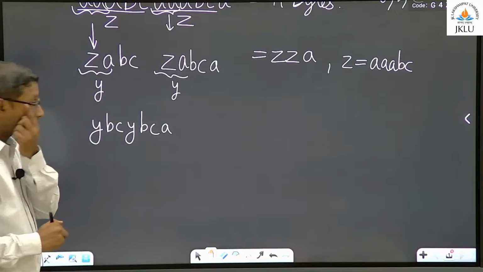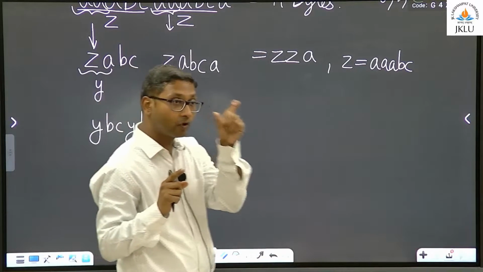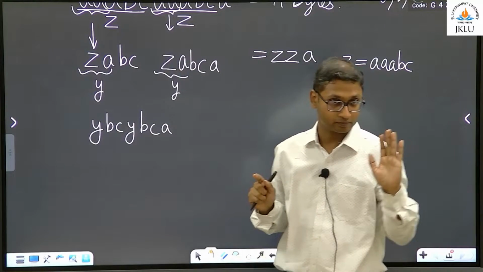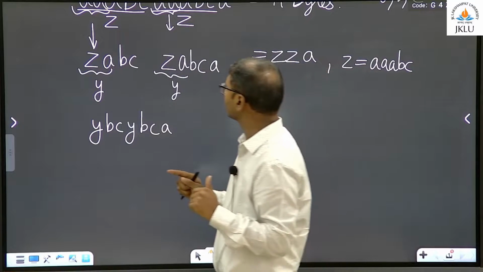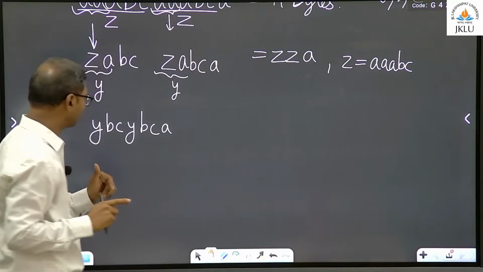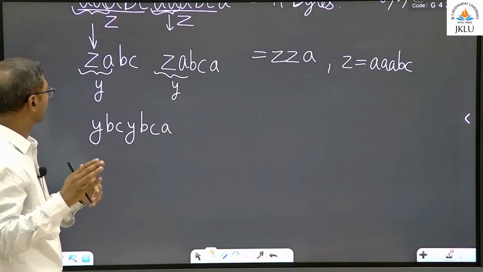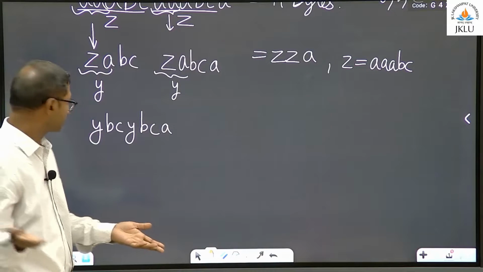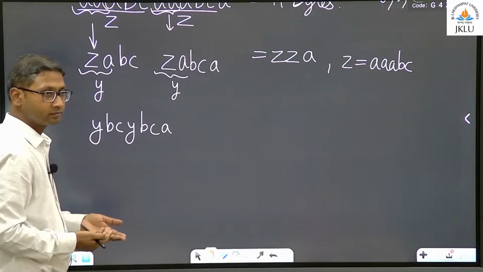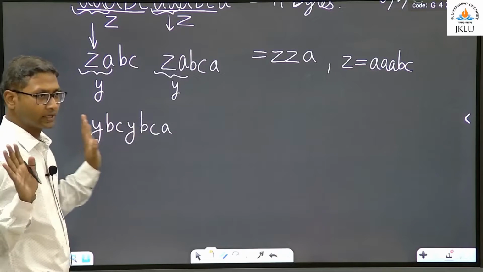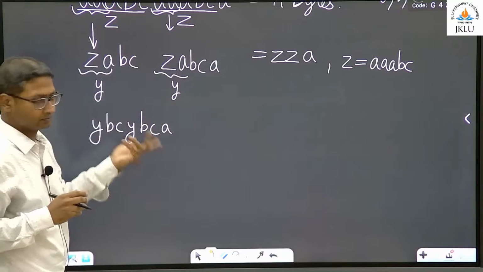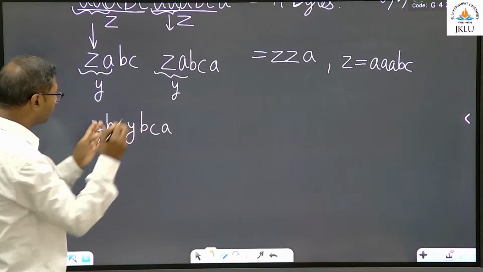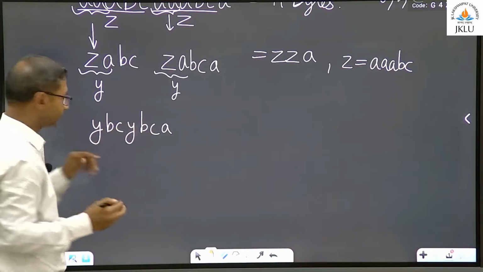Can I still do something? Note that we are doing it for byte pairs only. Yes, you can do that. I am just doing it one by one. So let us say now instead of doing BC, I can do YB.